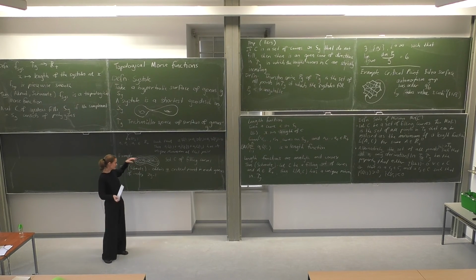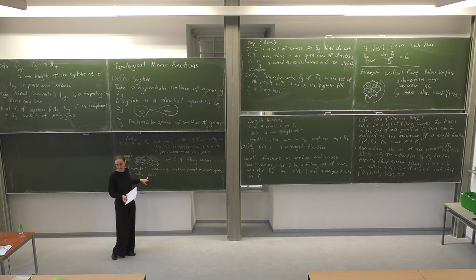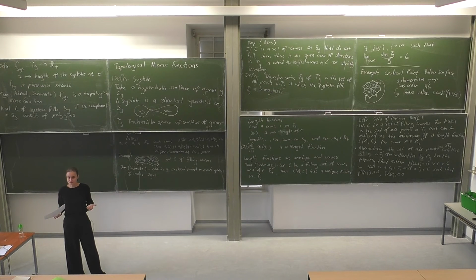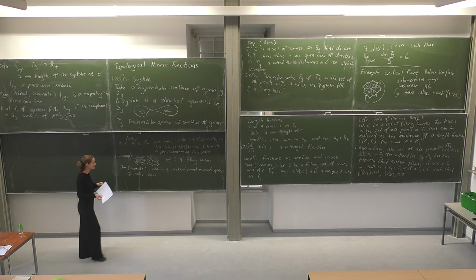These sets of systoles cut the surface into 2G plus 2 gons. And in each genus, it gives you a critical point of index 2G minus 1. So this index is important because it's the codimension of the virtual cohomological dimension of the mapping class group.